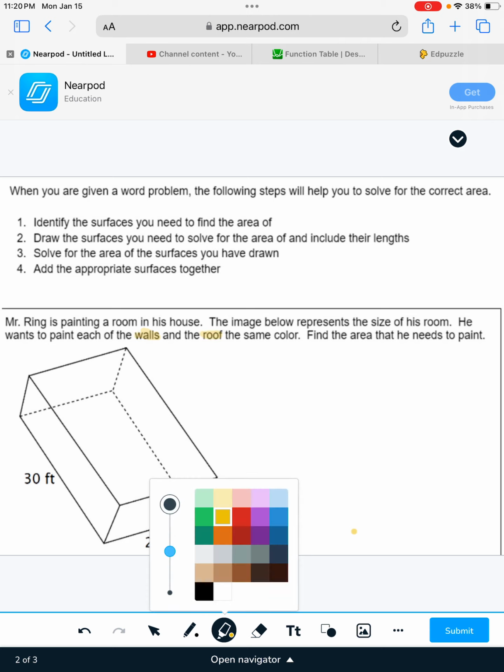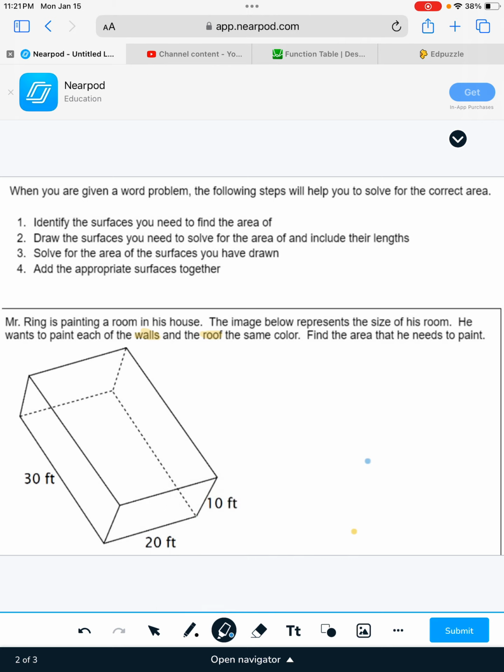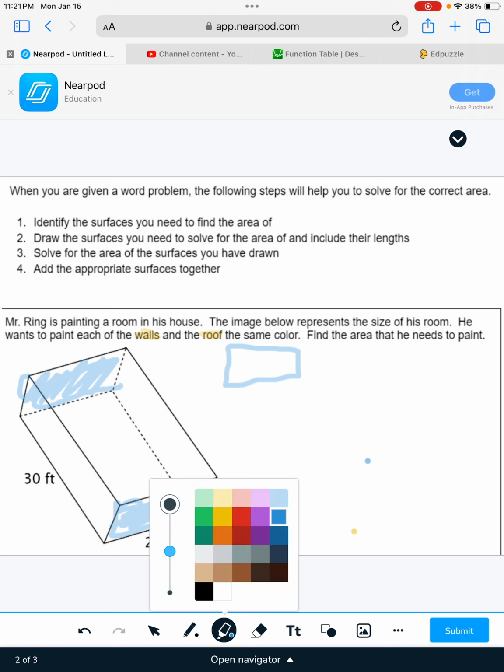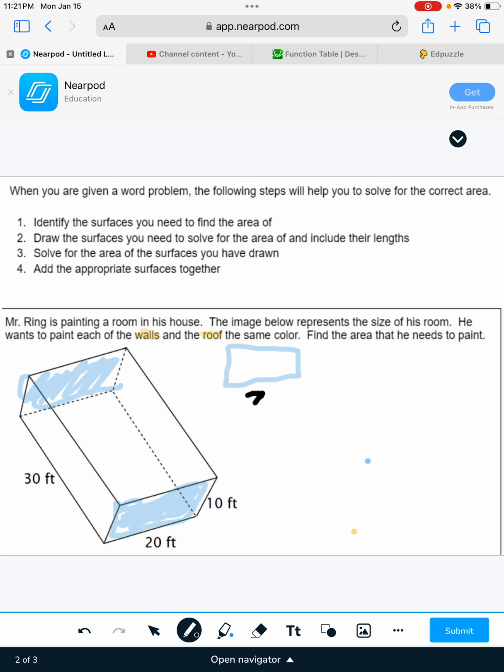So let's take a look at some of the wall ideas that we've got here. I've got this wall that is in front and this wall that is in back. If I wanted to find the area of those rectangles, I've got a length across the bottom, and that is going to be 20 because that's this line here.